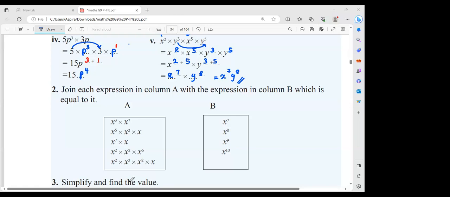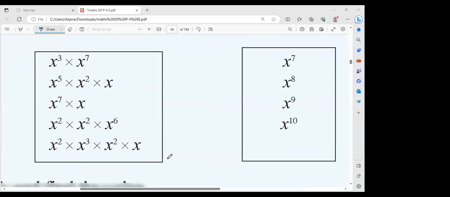Okay, x to the power of 3 times x to the power of 7 is matched to what? Which one matches? Tell me. X to the power of 10. Then x to the power of 5 times x to the power of 2 times x, there's no index, so it is x to the power of 1.